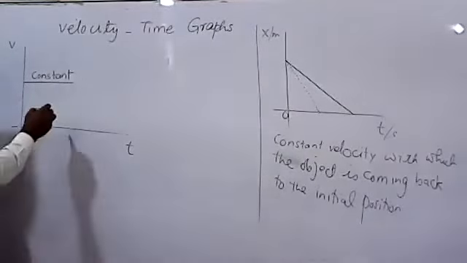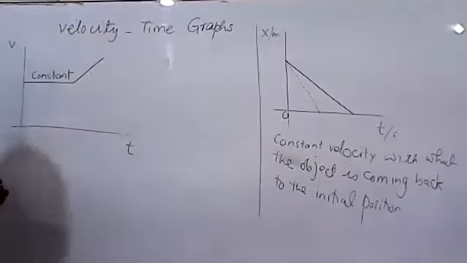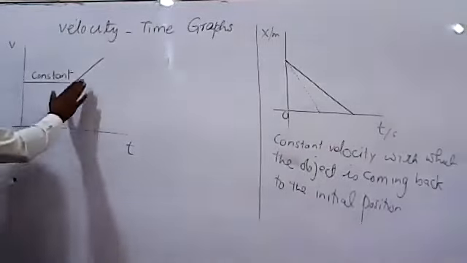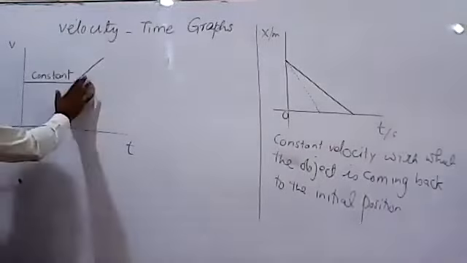about? This line, which is a non-zero gradient, again a straight line, but non-zero gradient rising at a certain gradient means the velocity or the speed is now increasing at a constant rate. So this is the same thing that we had in the displacement time graph as a curve.